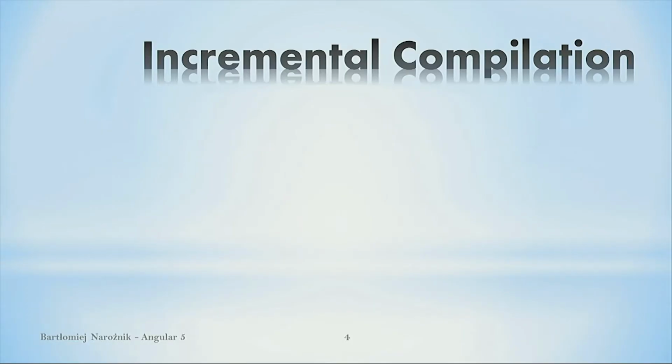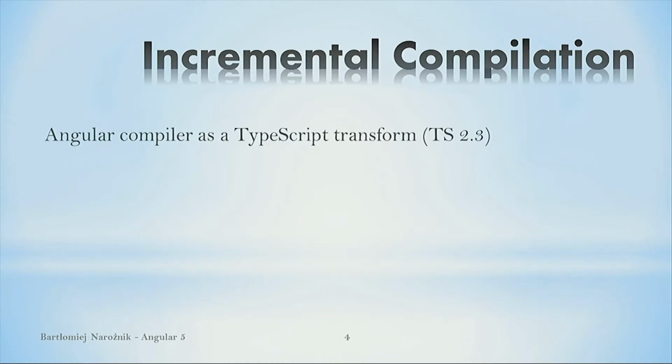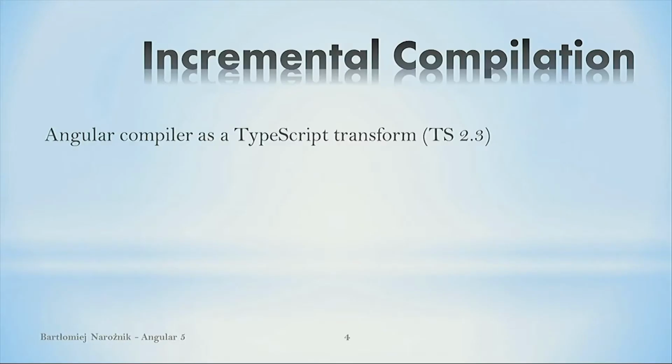So there is another cool feature about compilation. In TypeScript 2.3, they introduced something called TypeScript transforms, and the Angular compiler is hooked into that with the new version. What it means for us is that when we change the application code, not the whole application will have to be recompiled. It will be just the parts that are affected by our changes. So it can dramatically reduce the time of recompilation.